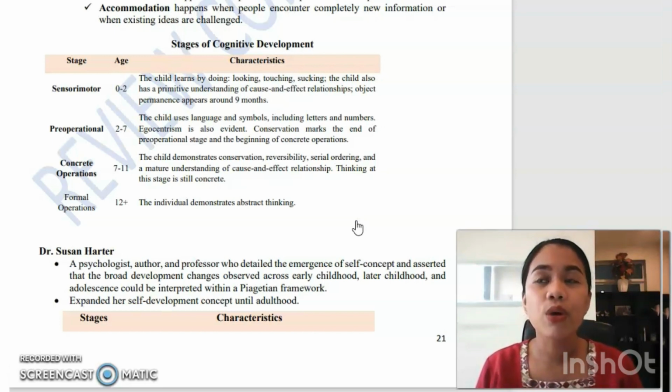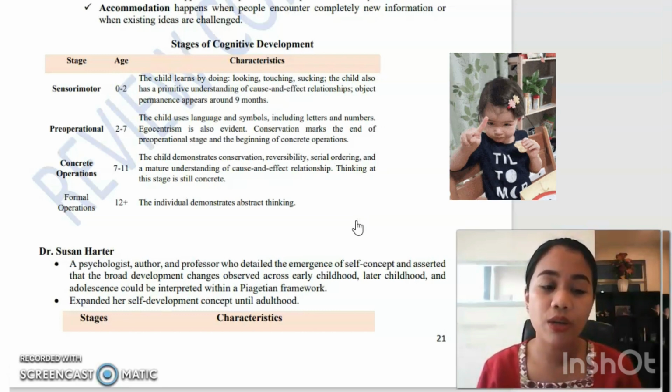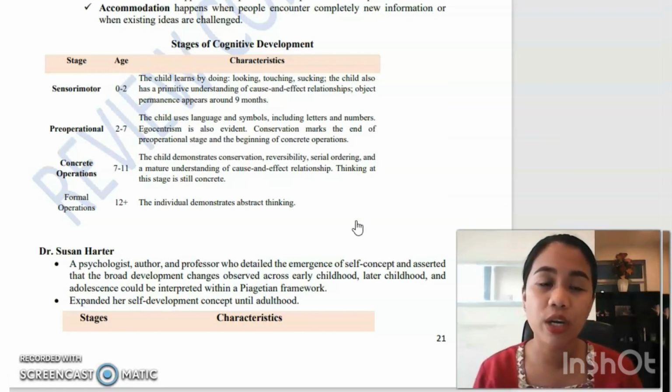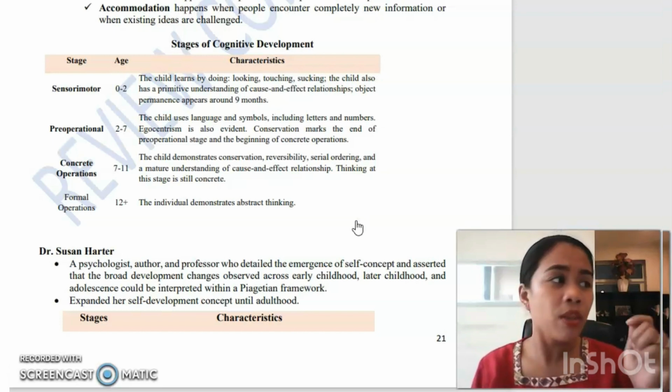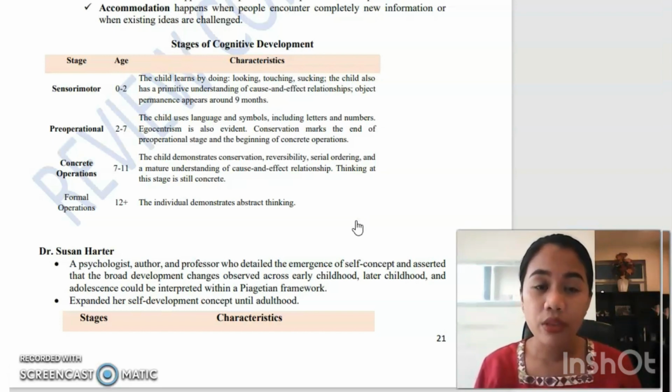By this time the child already has prior knowledge of the word no. For example, my daughter is 1 year and 11 months, so she's almost 2. When I say no, she really stops, yayay. The yayay indicates pain. So when mother says, "Nak, don't do that, because it's yayay," she really follows. If she plays with water on the floor, the cause is that you slip, and the effect is that you get hurt, or your body gets burned or something.